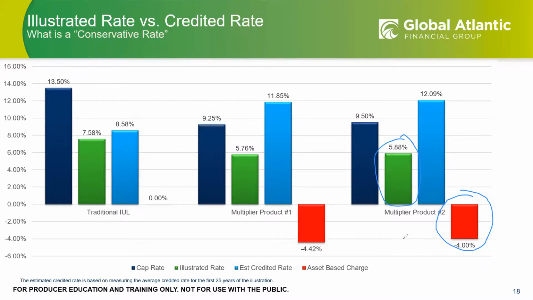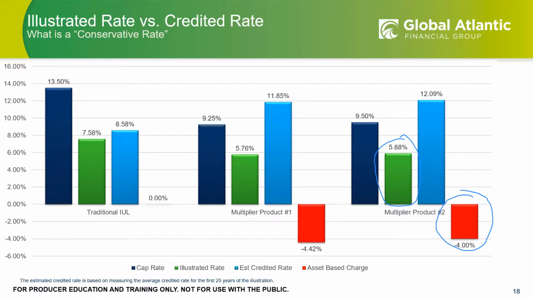And I think that's the piece that gets overlooked a lot when I talk with folks about multipliers and bonuses on products. That's the piece that gets overlooked most often, the charge and how that affects the net crediting to the policy.